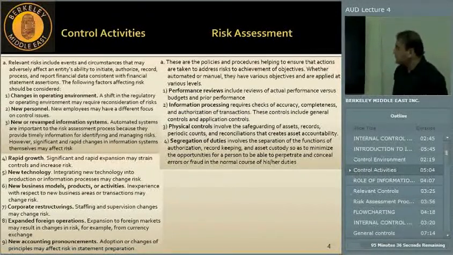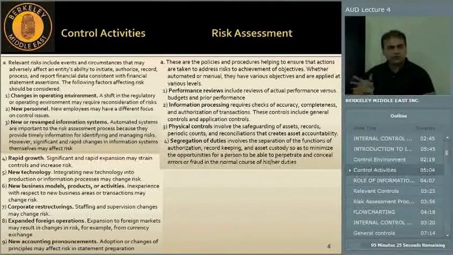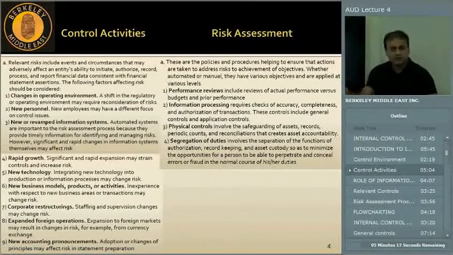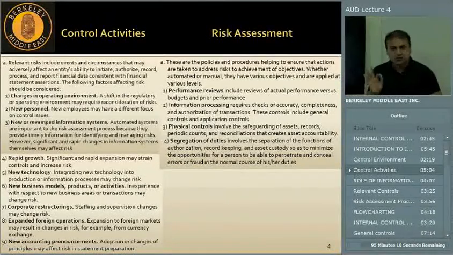New accounting pronouncements will also create risk, because of the consistency principle of accounting, we have to evaluate the adequacy and measurements. Control activities. For control, you have to see the performance reviews, how the information is processed, and what the physical controls are. As we discussed for computers, we need physical controls, and for access to cash, we have to keep it separate, lock it somewhere where people are not moving around. And segregation of duties is the backbone of the control system.